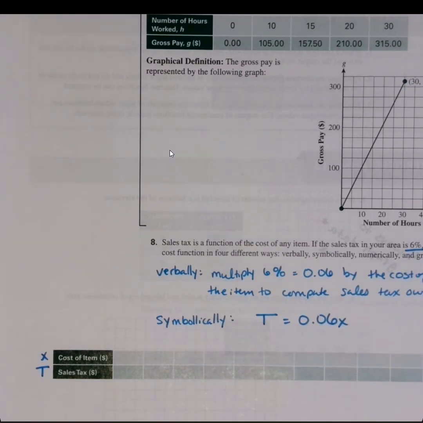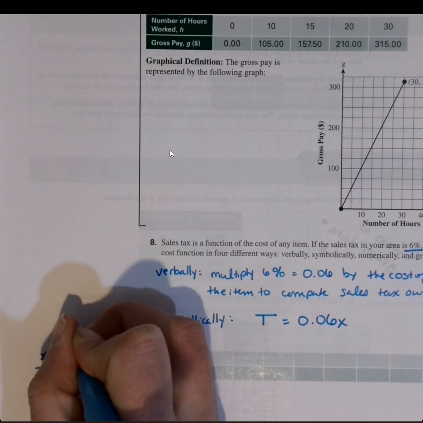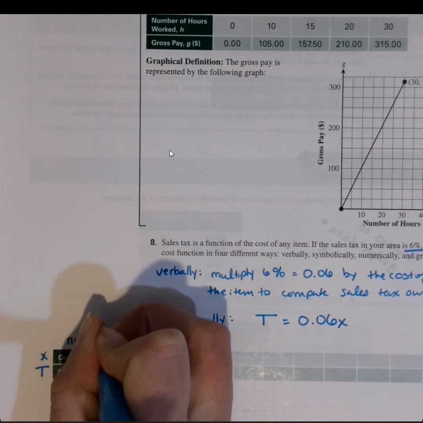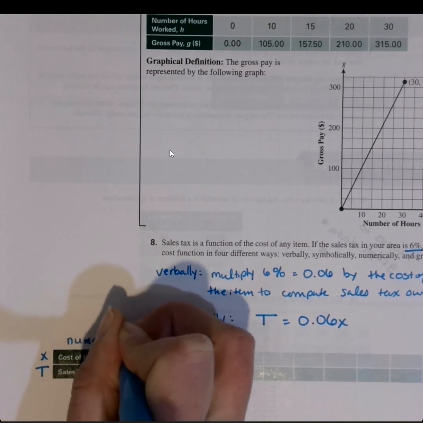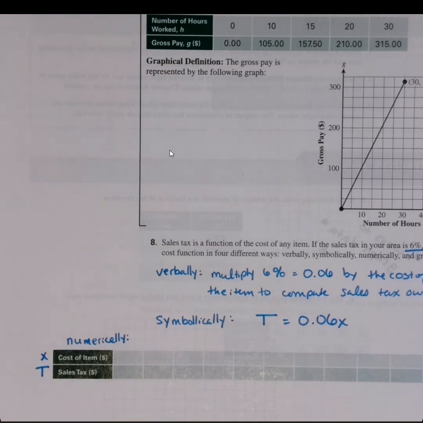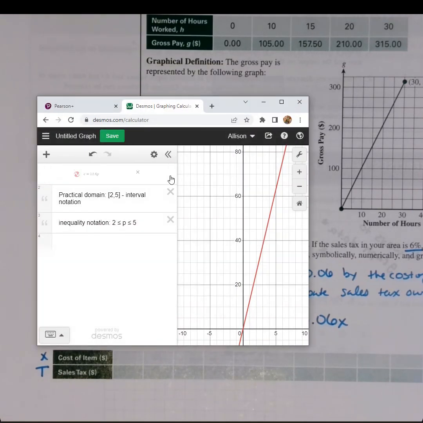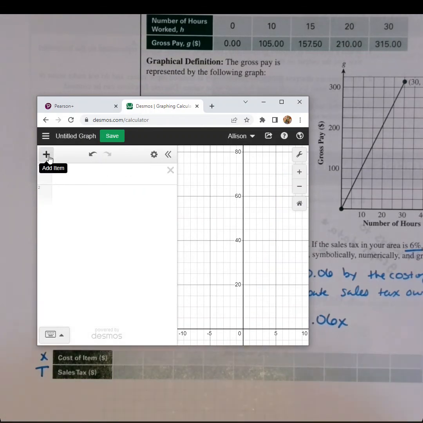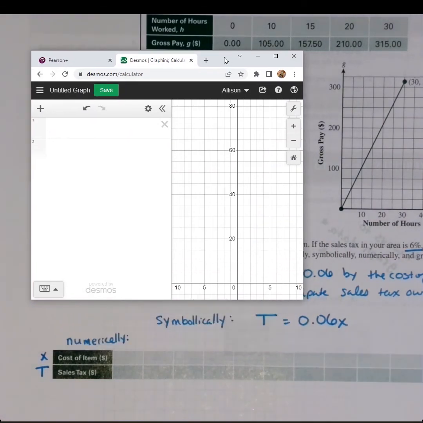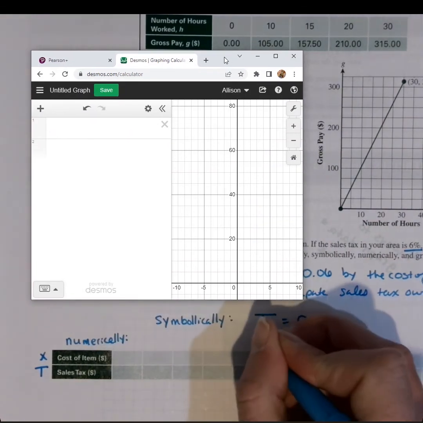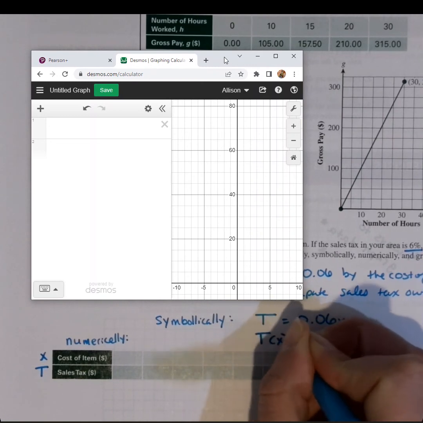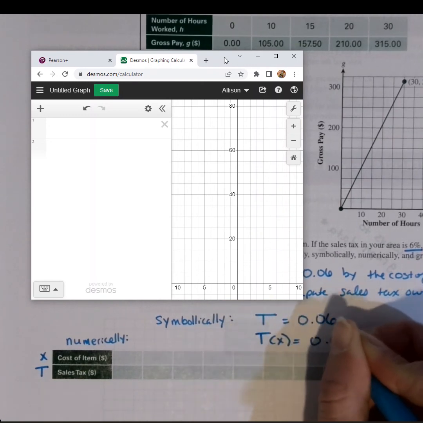And then numerically, we've got ourselves a table here. If I write this in function notation instead of equation notation, I would write T of X equals 0.06X.